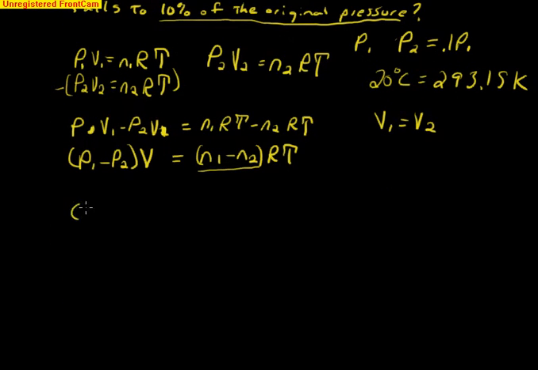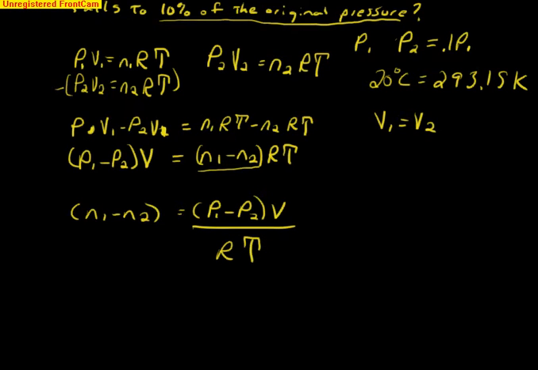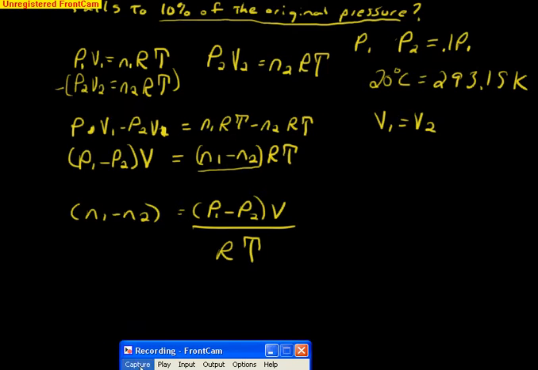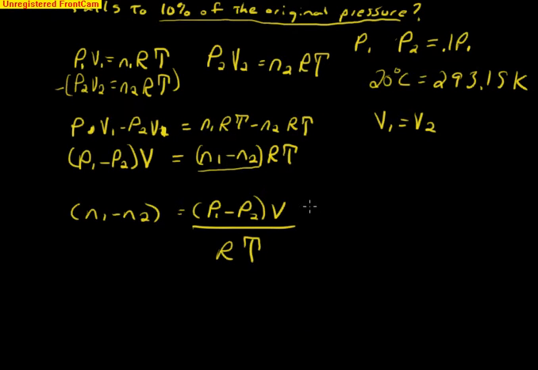So we're going to solve for N1 minus N2, our kilomoles minus our kilomoles, and that's going to be equal to our first pressure minus our second pressure times the volume over RT. Okay, from here, we know that P2 is 0.1 of this. So let's rewrite this.